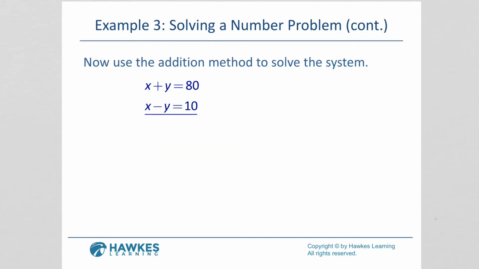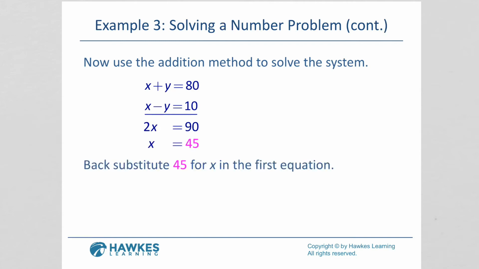Now once again, we're going to use the addition method, and we don't have to do much work here because the coefficients on my Y are same number, opposite signs. So they're going to eliminate. So when I add these together, I end up with 2x equals 90. And if I divide both sides by 2, x is equal to 45.